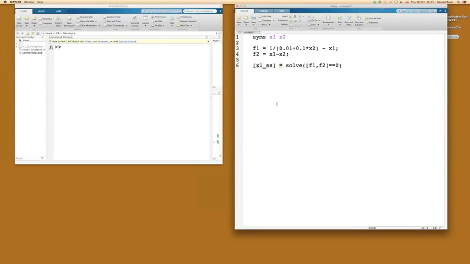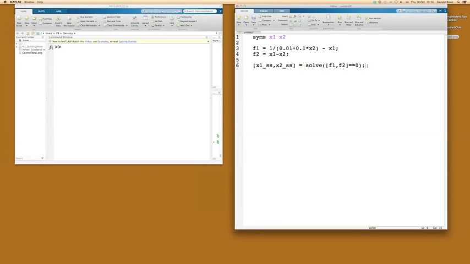Let's call them x1s, saying this is the steady state of x1, and our second will be the steady state of x2. So now we say, give me two output arrays, one called x1 steady state and the other x2 steady state, and from there I can take them for further manipulation, for example, for inspection.